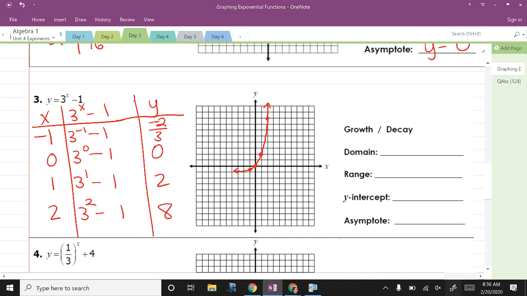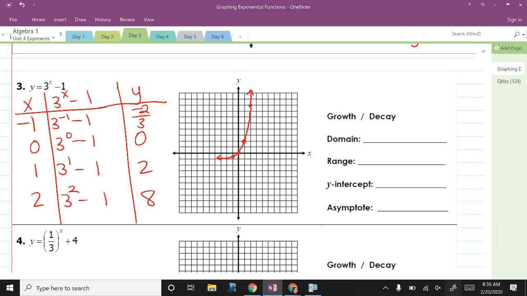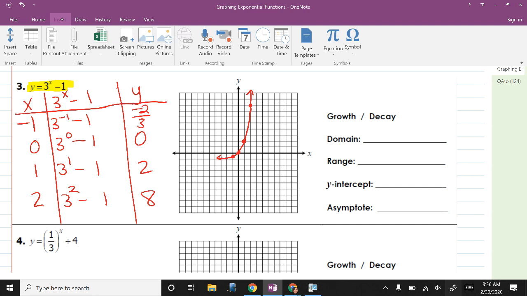Here's a clue, y'all. Do you see this equation right here? Y'all see that minus 1? What's our asymptote?